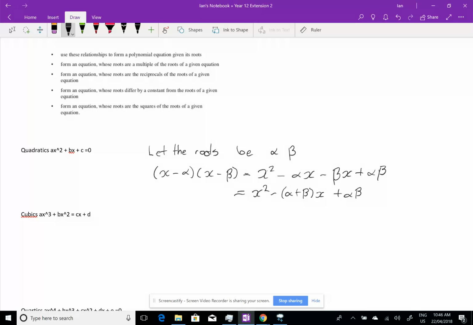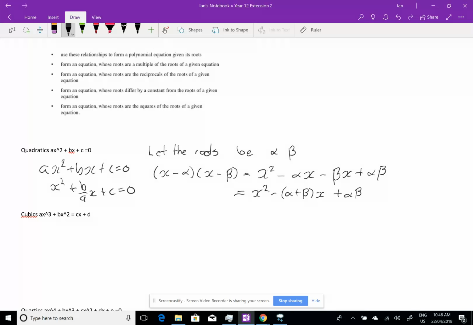And because the equation we started with was ax squared plus bx plus c equals 0, but we don't want that coefficient in front of the x squared, we'll divide everything by a, and we'll get x squared plus b on a x plus c on a equals 0.